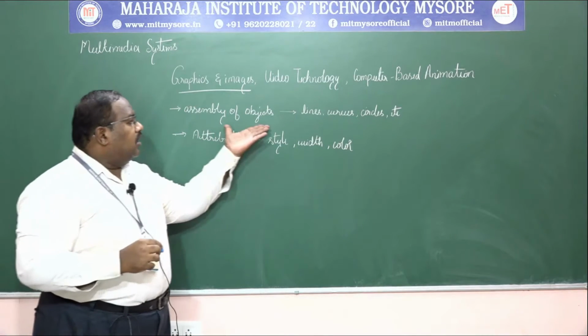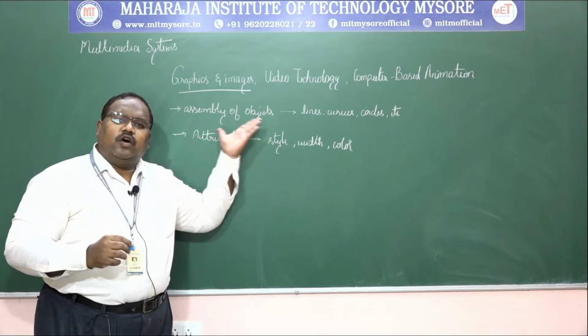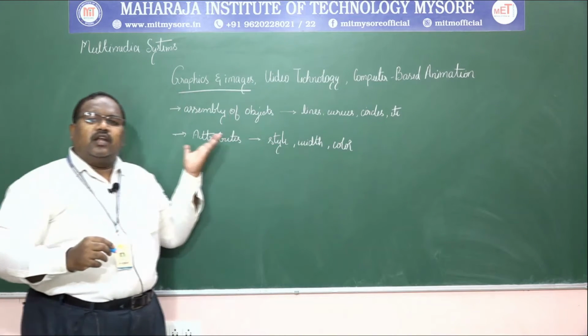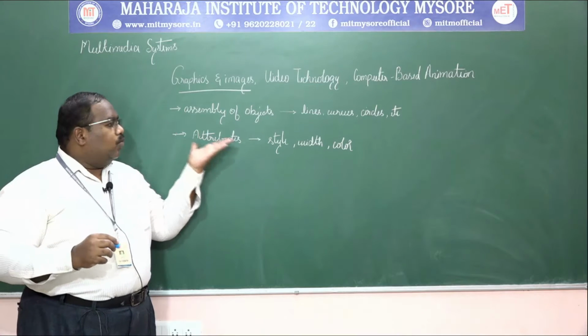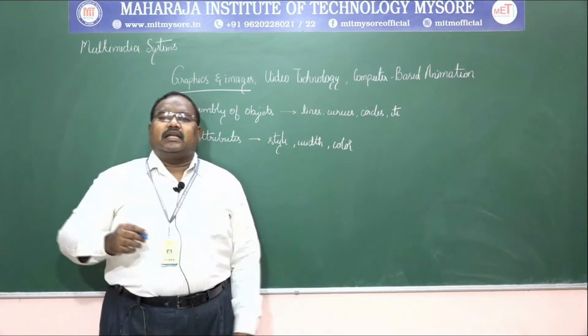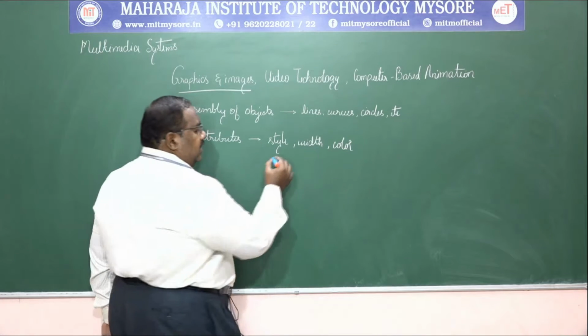So we know that graphics are done with the help of an assembly of objects. What are those objects? Lines, curves and circles, and there are a lot of attributes associated with them. When you talk about graphics, what are those attributes? Style, width and color. They define the appearance of an object.